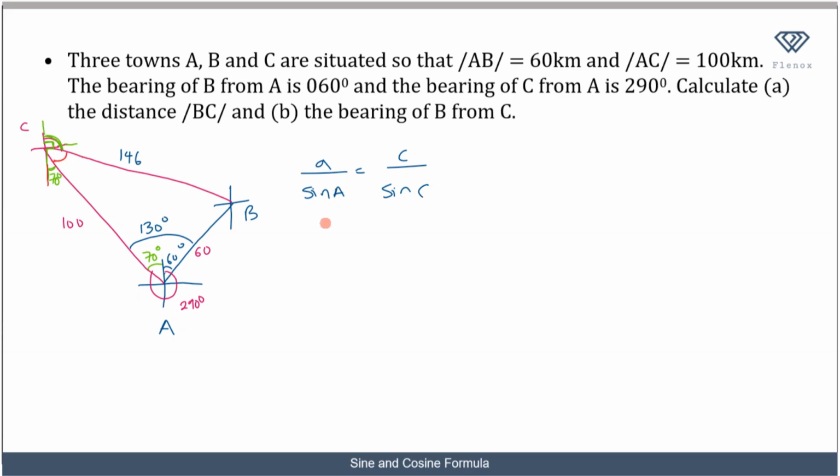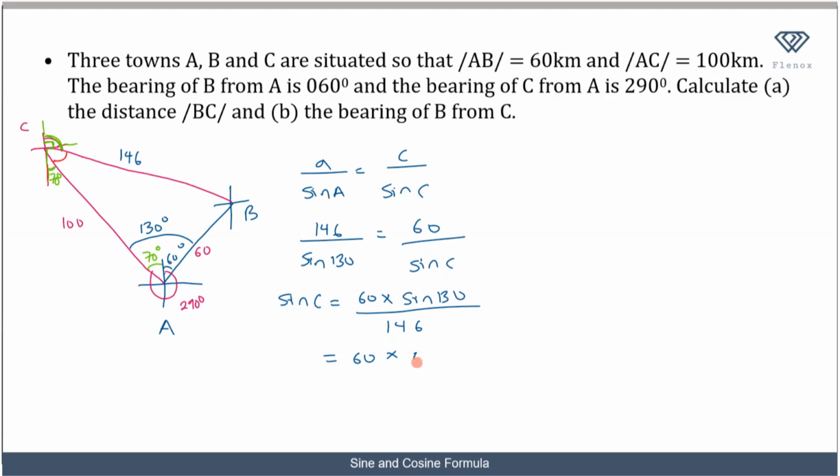So what does that become? My A is 146 over sine 130, equals my C value, 60, the length over here, over sine C. So sine C will be equal to 60 times sine 130 over 146. That equals 60 times 0.766 over 146, and when you punch it in your calculator, that is 0.3148.